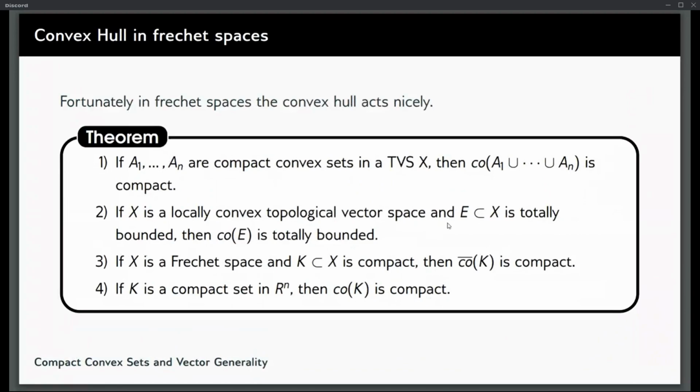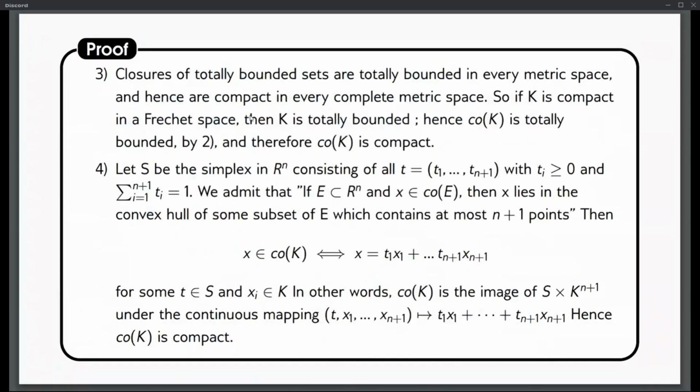First of all, if X is a locally convex space and E is totally bounded, then the convex hull is totally bounded. And we are going to use total boundedness to conclude that this set is going to be compact. So first of all, the closures of totally bounded sets are going to be totally bounded metric spaces, and hence are going to be compact in complete metric spaces.